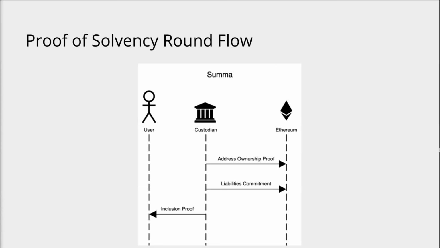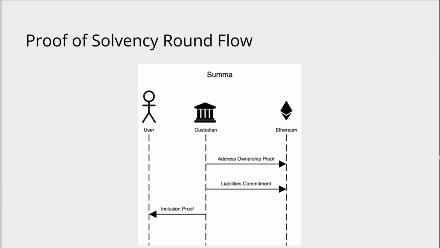The Summa flow has three elements, briefly two proofs and one commitment. The first one is the proof of ownership. It's not a zero knowledge proof, but it is used for verifying the ownership of an address by signature verification. We will look at this in more detail later.